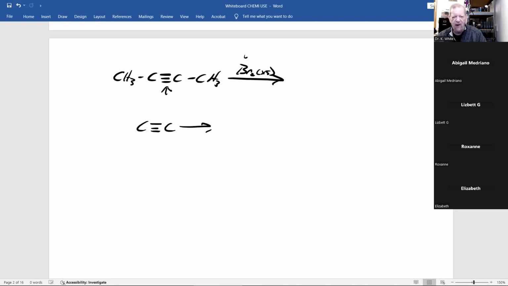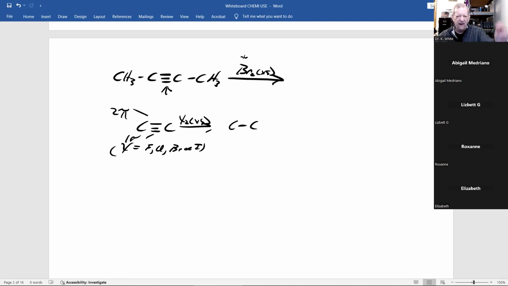I'm reacting with bromine gas, which is halogen gas, and notice I have excess. And I've learned the general reaction where X can be fluorine, chlorine, bromine, or iodine. And remember, this has 2 pi bonds and 1 sigma single bond.